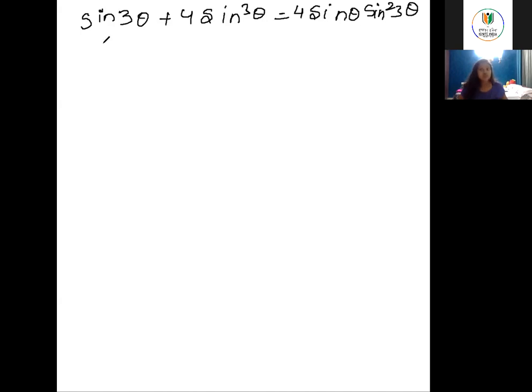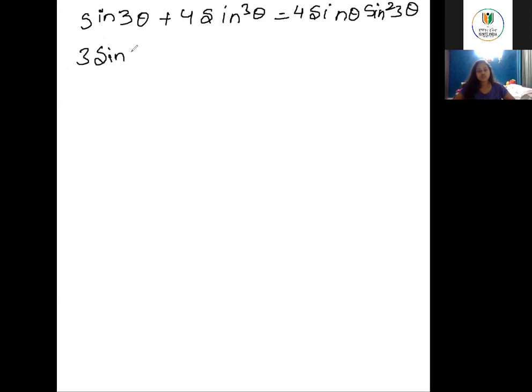Now what you can do here is, try involving, guys, because then you won't learn. Convert sine 3 theta. How can you write sine 3 theta? 3 sine theta minus 4 sine cube theta. Good.